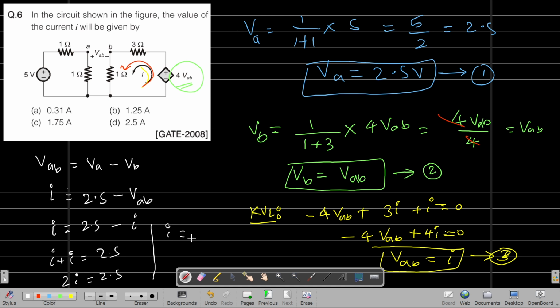If we divide by 2 on both sides, we get 2.5 divided by 2 equals 1.25. So current I equals 1.25 ampere is the correct answer. So the correct answer is B. Alright, thank you.